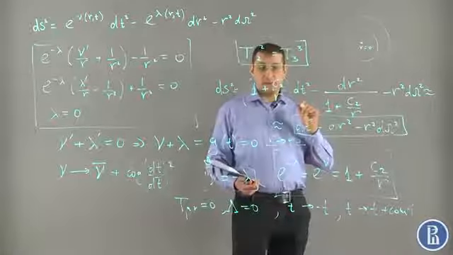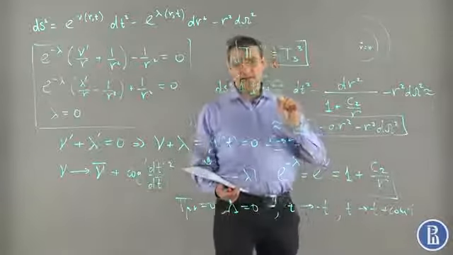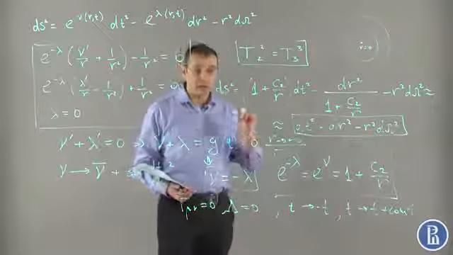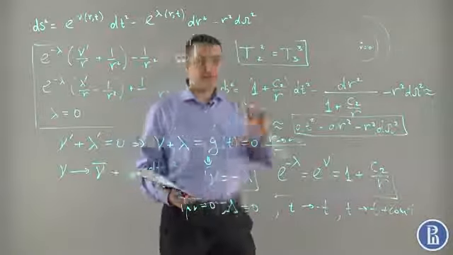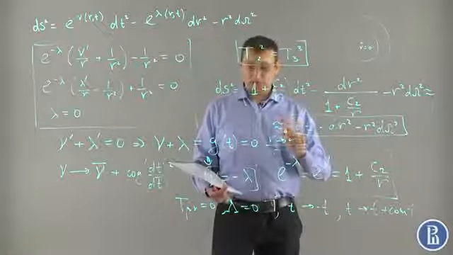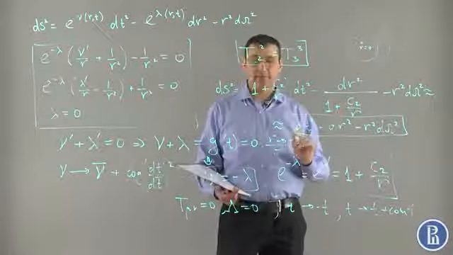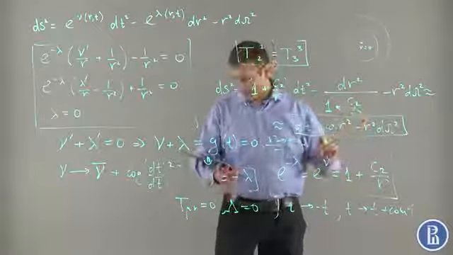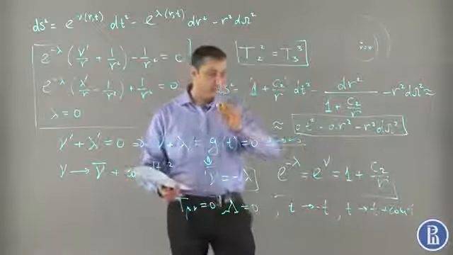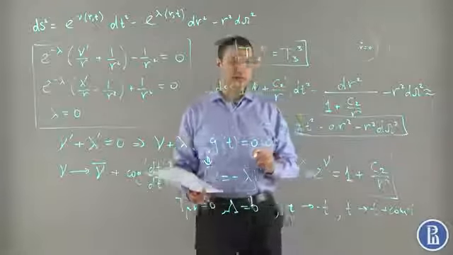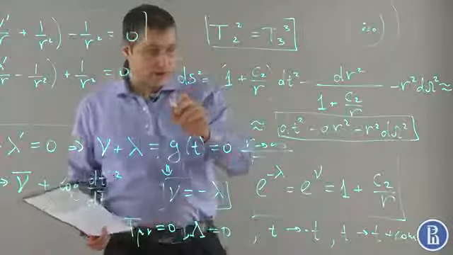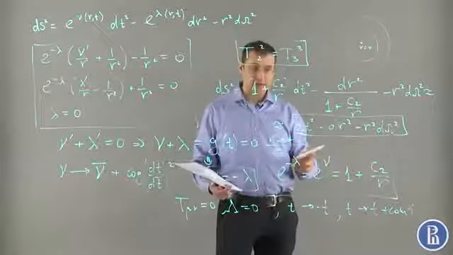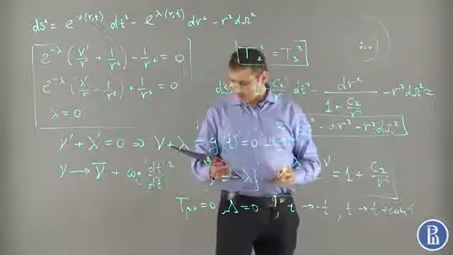At this point, let me stress that this property is very similar to what we encounter in Maxwell's theory, where the spherically symmetric solution that goes to 0 at spatial infinity is also unique, and that is the Coulomb potential. So in Maxwell's theory we have an analog of this situation, but in general theory of relativity, this Birkhoff theorem has deeper consequences, as we will see in upcoming lectures.